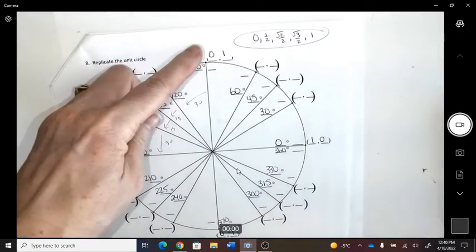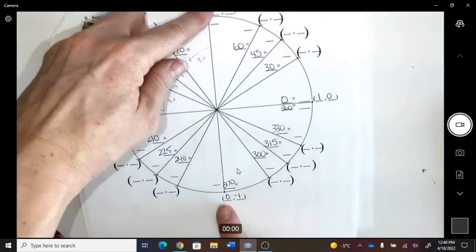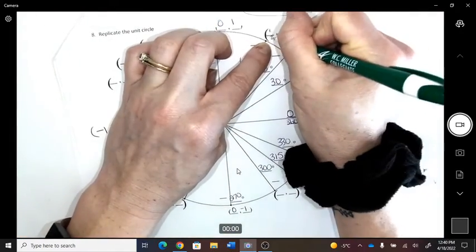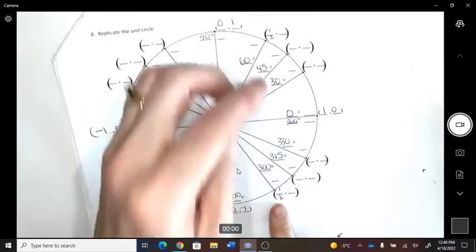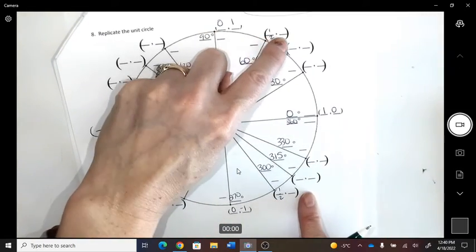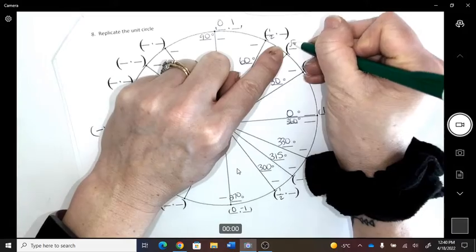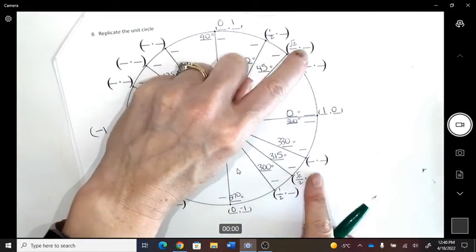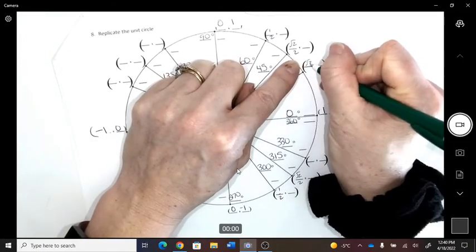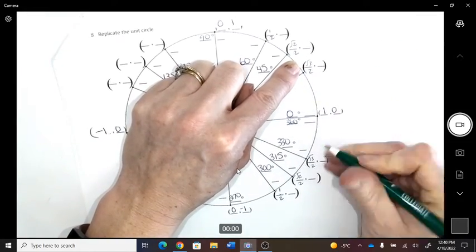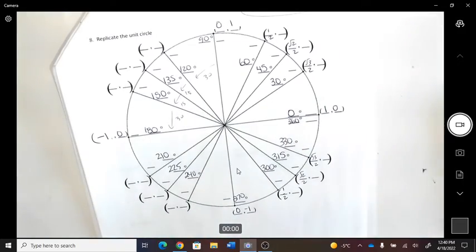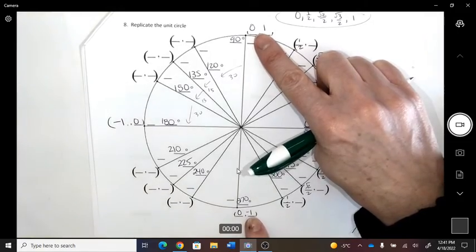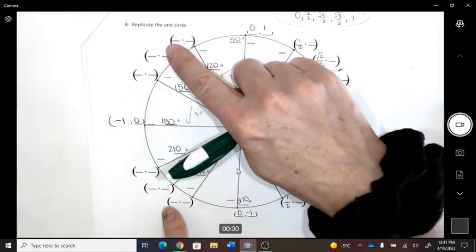So this is what I do when I grade. If you want to do this when you replicate it, so 0, and then I move to the right and put a half. And then I move to the right and I put √2/2. Then I move right and I put √3/2. And then the last is 1. Okay, reset to 0, and then I move left.